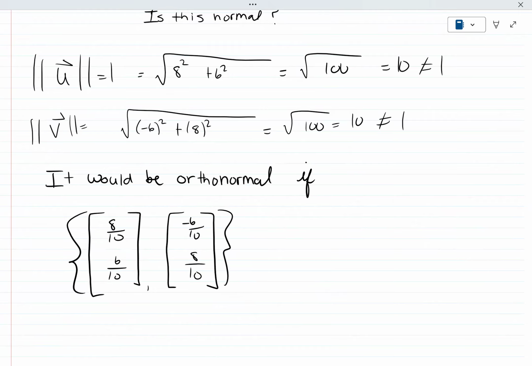What we did was basically vector u over the magnitude of u, which we found was 10, and for v, it was vector v over the magnitude of v. So if it's not orthonormal, you can make it orthonormal by just using this formula.